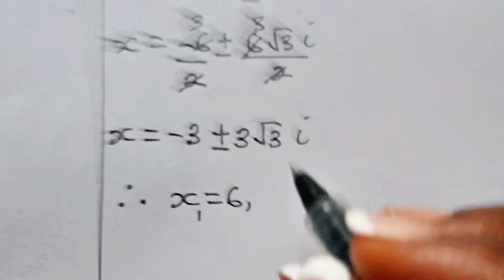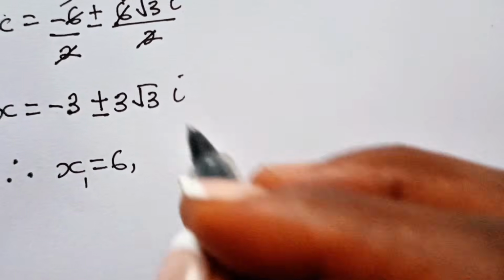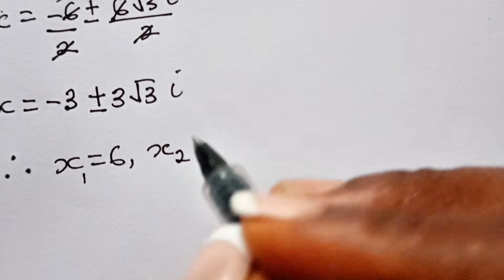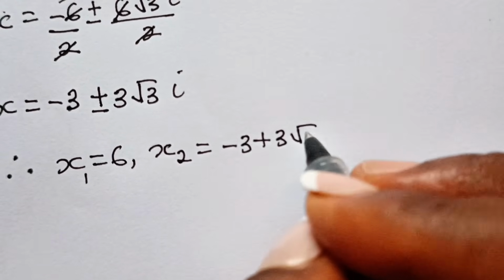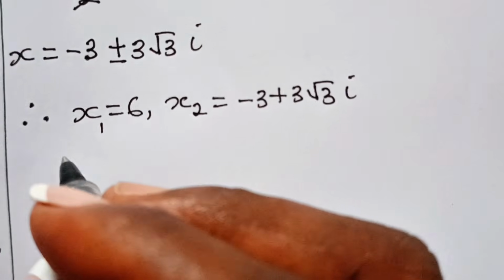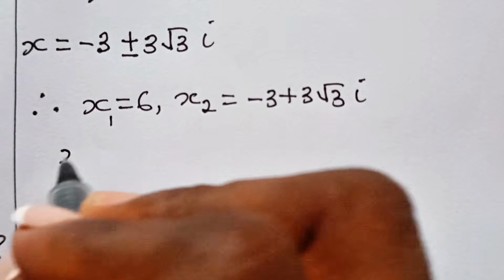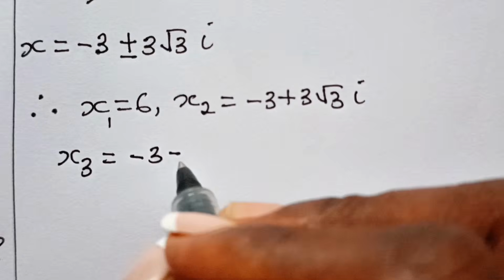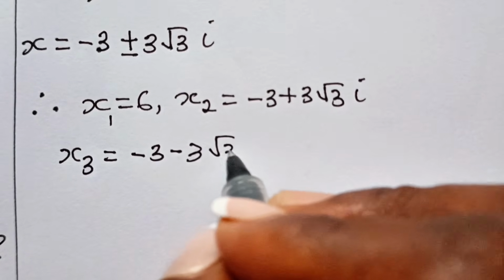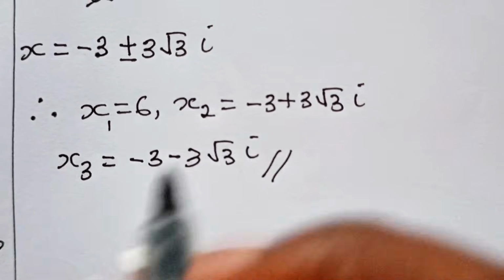And we can now write the second value of x to be equal to negative 3 plus 3 root 3i, and the third value of x to be equal to negative 3 minus 3 root 3i. And these are the values of x.